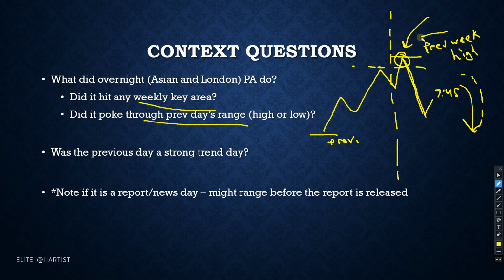Why? Because we may have a bearish bias given that we're coming off of a very strong higher time frame area. And it had such a good reaction to it that I may be looking for the retracement to do the second leg down and maybe break that previous day low or get to the bottom part of yesterday's range. So these are all things that we're taking into account.